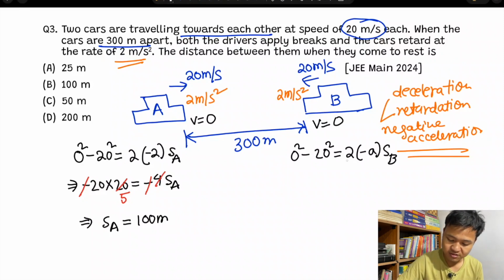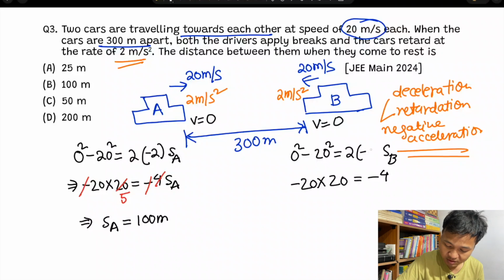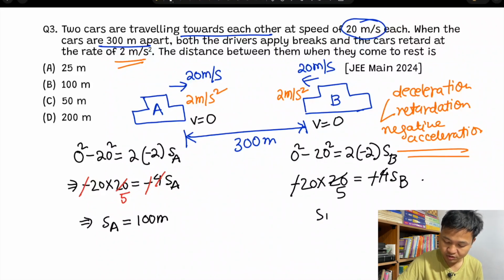It is the same thing. Minus 20 into 20 equals minus 4 into SB. Minus minus cancel. 4, 5 are 20. So SB is also 100 meter.